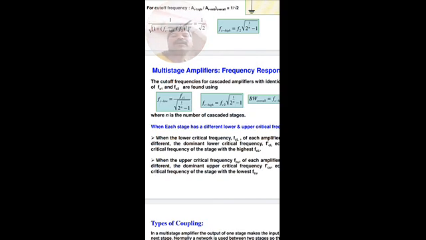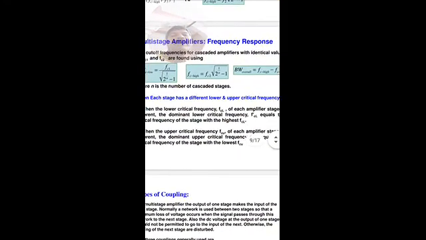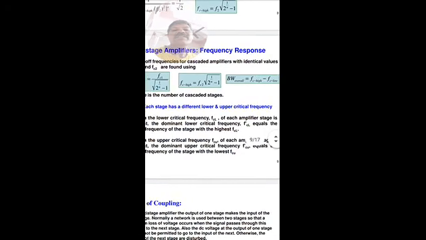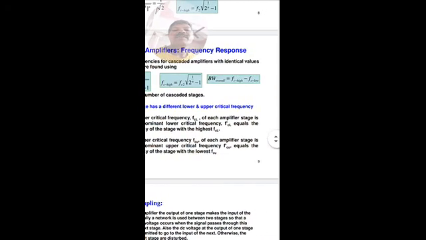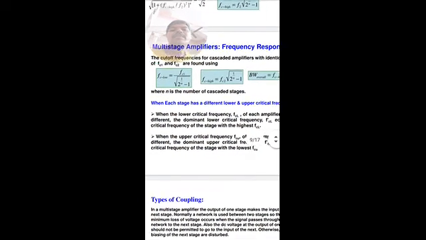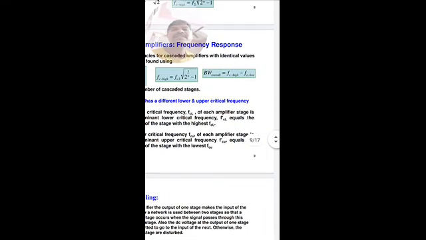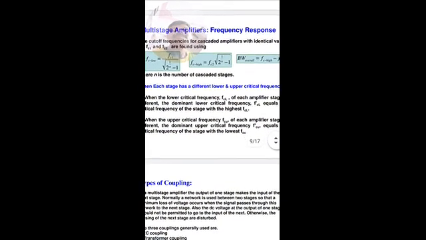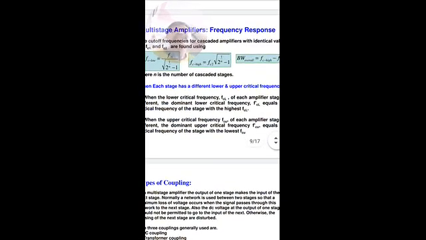These formulas hold good when each stage has identical upper and lower cutoff frequencies. But when they are different, when the lower cutoff frequency fcl of each amplifier stage is different, then the dominant lower cutoff critical frequency fcl dash equals the critical frequency of the stage with the highest fcl.